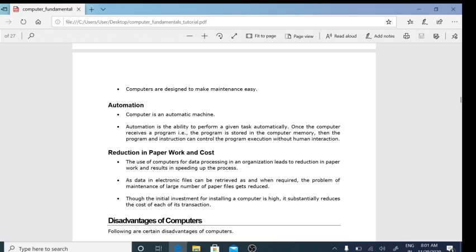It is quite obvious that by using the computer there is a reduction in paperwork and in the cost that one would bear for manual labor. Because it is very fast, has very high speed and is versatile in nature, one computer can do the work of many men, many manpower.